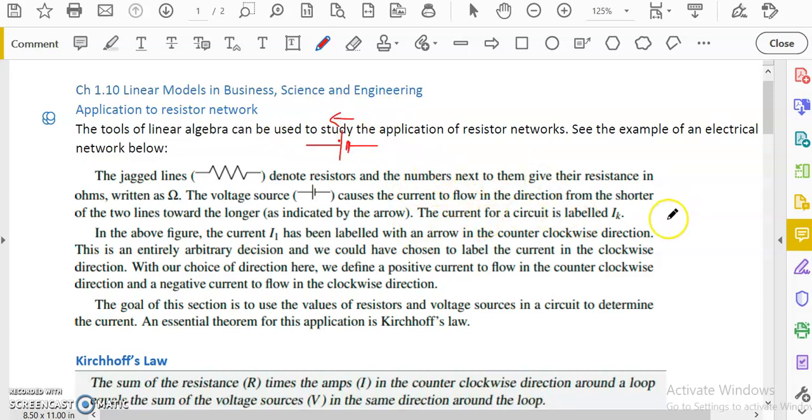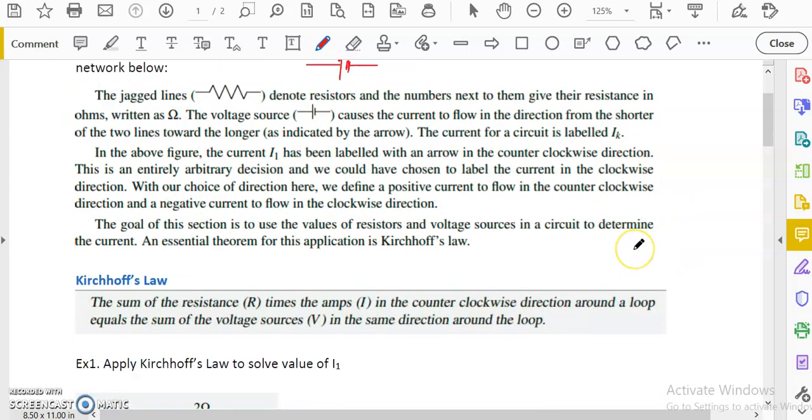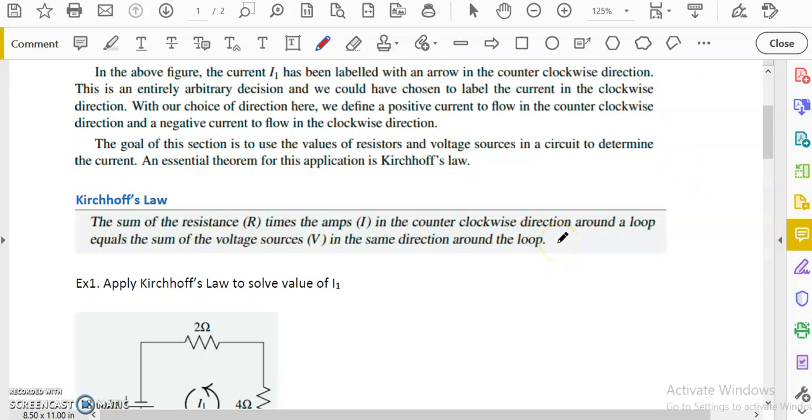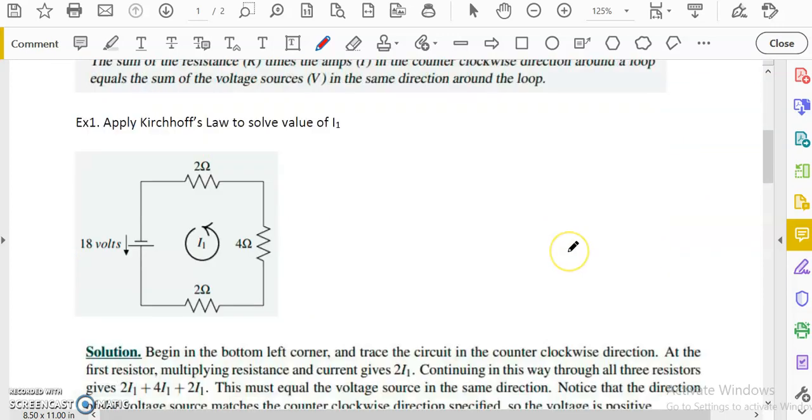The current is labeled I_k, and the current flows in a circle. Usually the current is indicated to flow in the counterclockwise direction. If it flows in the clockwise direction, then the current will be negative.